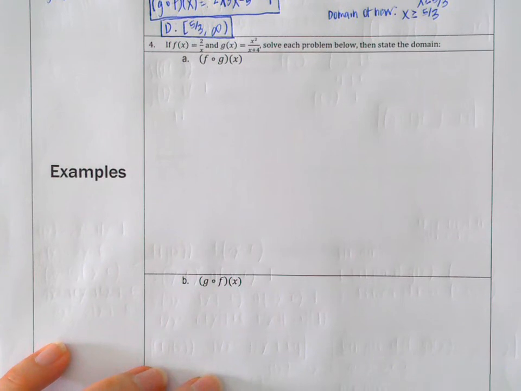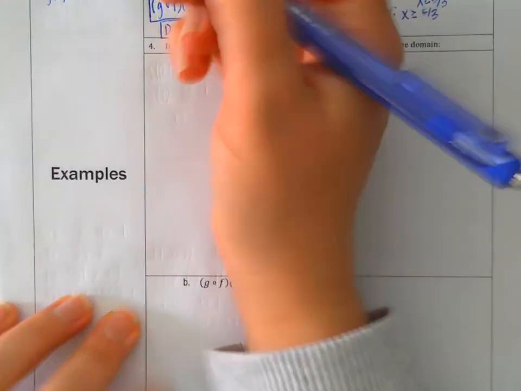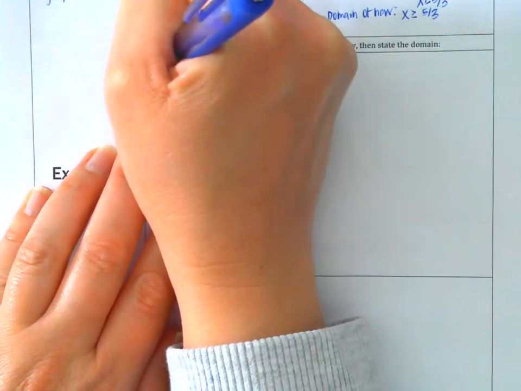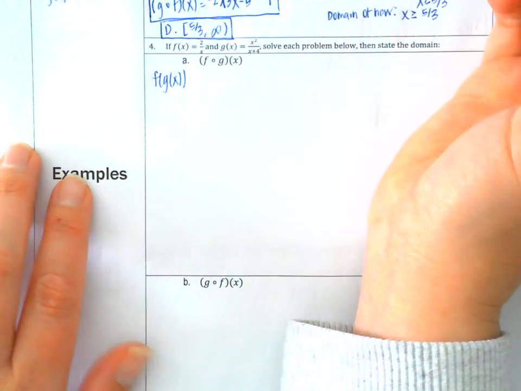So, okay, for 4, we have 2 rational functions, right? They have x in the denominator for f of x, and x plus 4, a variable in the denominator, for g of x. Okay, so we are going to start. I'm just going to always rewrite f of g of x.